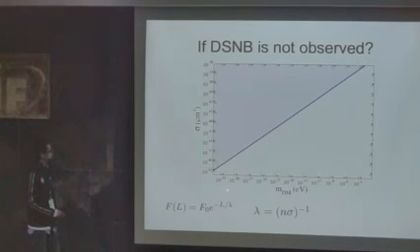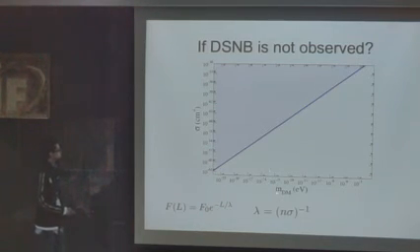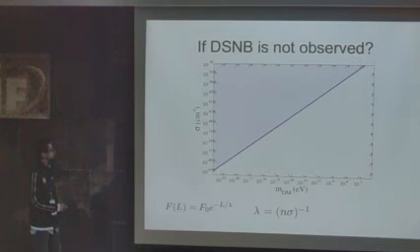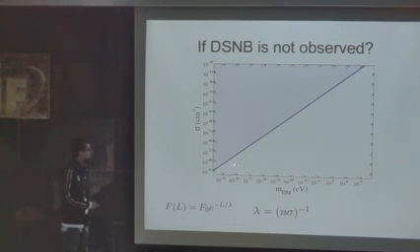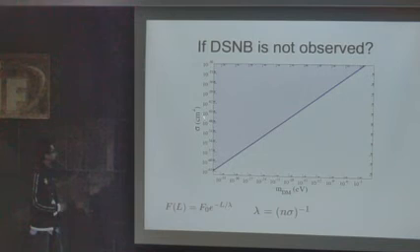So in the case of a particle that has a very small mass, something like 10 to the minus 23, 10 to the minus 22 electron volts, you will have a huge suppression on the flux, even if the cross section is extremely low. What this region is saying is that you will have a 95% suppression of the flux if the cross section is of this order for a particle with this mass.